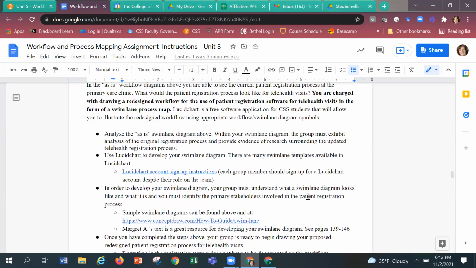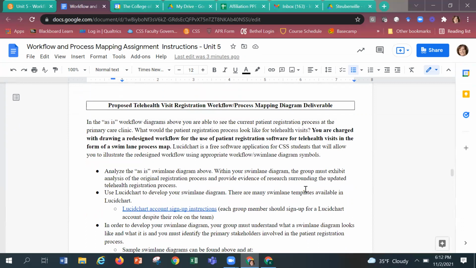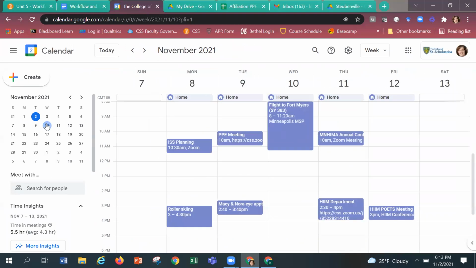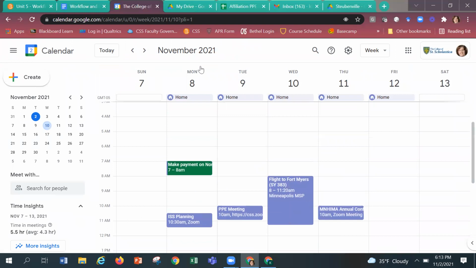Now, the next thing, and this is probably the most important component of this assignment because our course discussion is going to revolve around your workflow diagram and this deliverable. So I will make a note right now that this workflow diagram I have right here is due next Wednesday, the 10th.